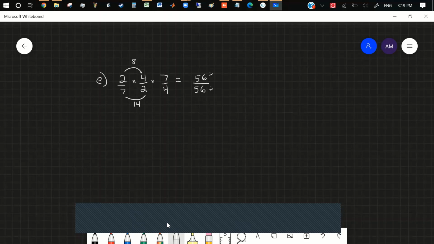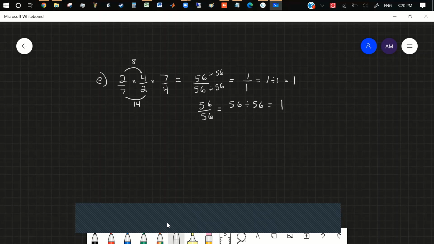And if they are the same number, you can divide them both by 56 in this case. So we're down to 1 over 1. Another way of looking at this is 56 over 56 is the same as 56 divided by 56, which equals 1. And up here, the same thing. 1 divided by 1 is 1. So no matter how you look at this, the answer is going to be 1.